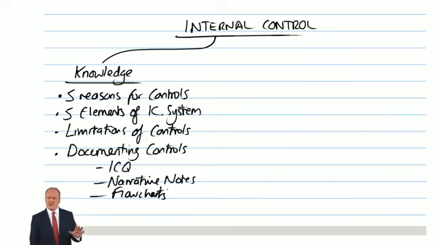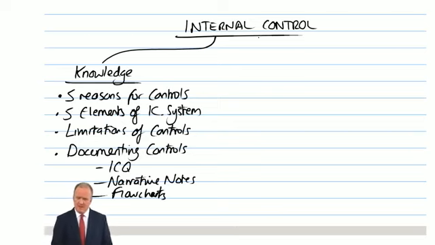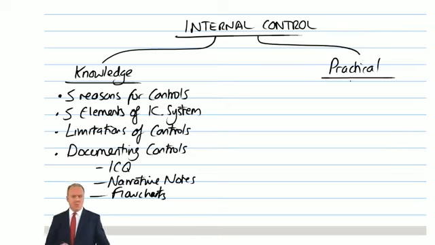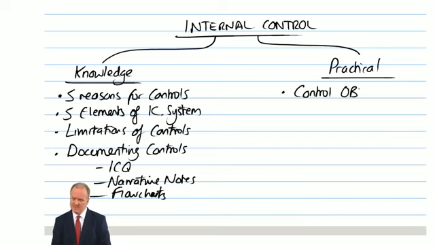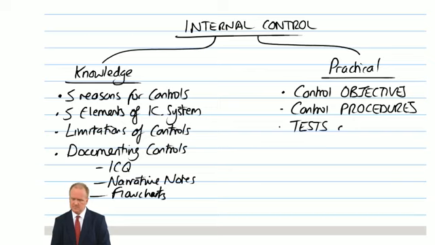So there's a little bit of knowledge in this part of the course, but the majority of the marks are going to be for practical. Which means, do you know how to come up with control objectives, control procedures, and tests of control?